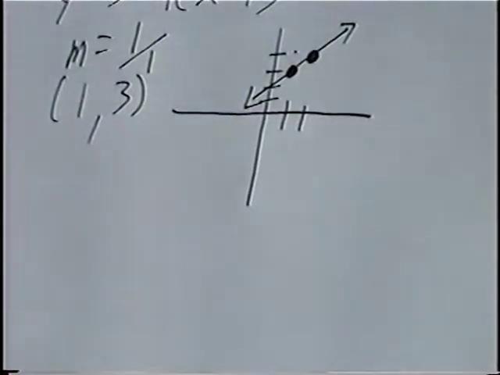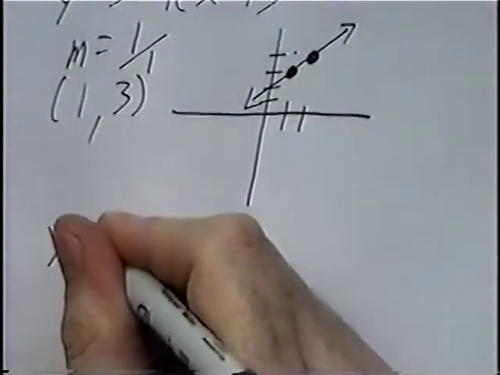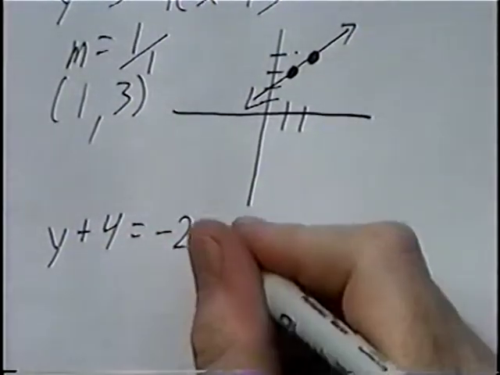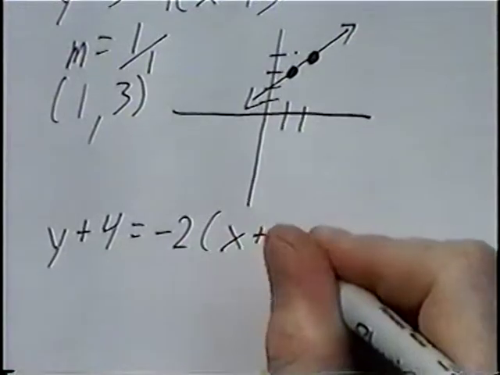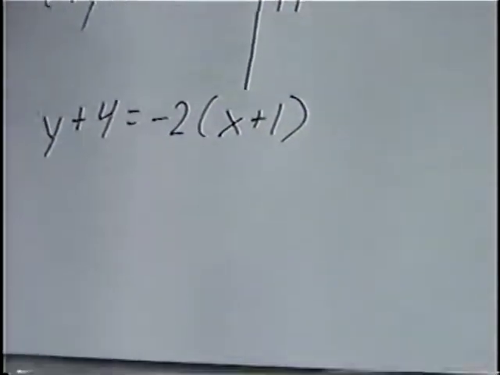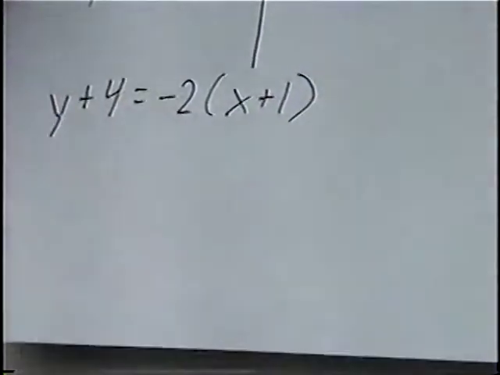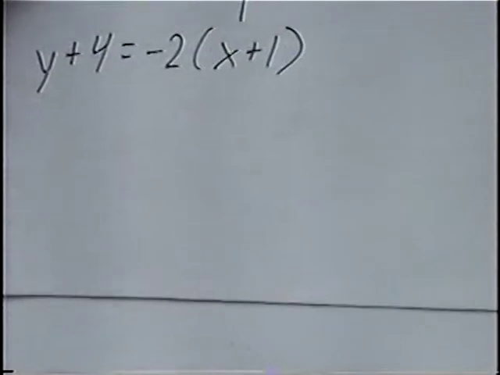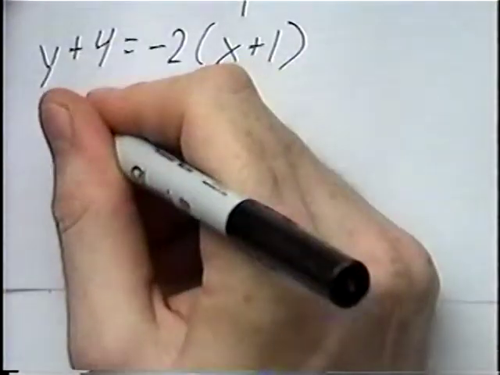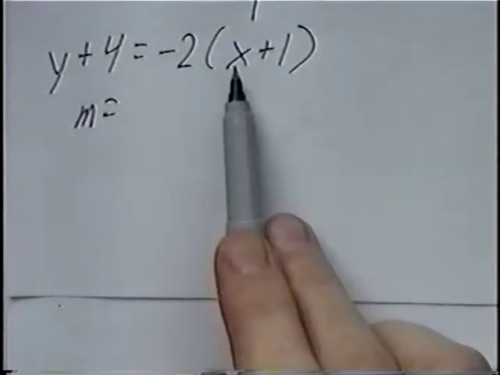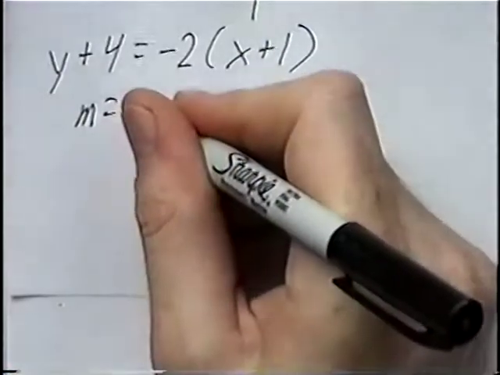And the last equation for the section, y plus 4 equals -2, in parentheses, x plus 1. Again, in point-slope form, we can take the equation and figure out the slope as well as the point. m again is the number in front of the parentheses, so m equals -2.